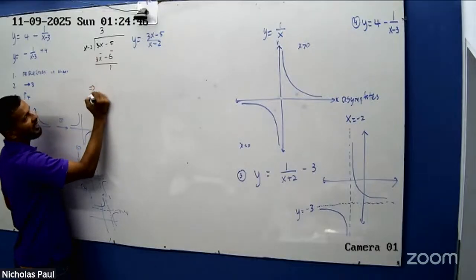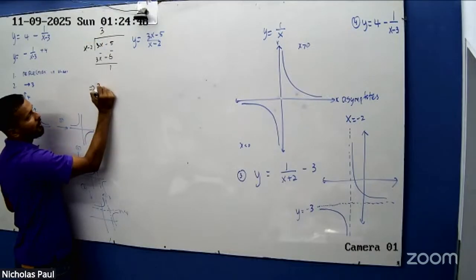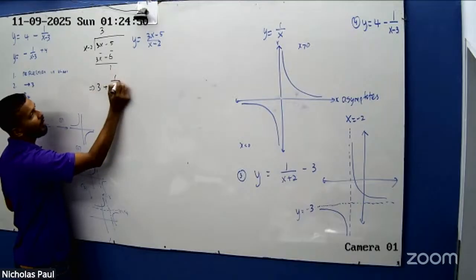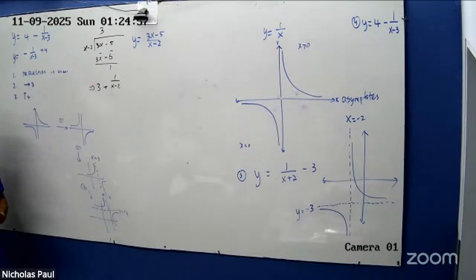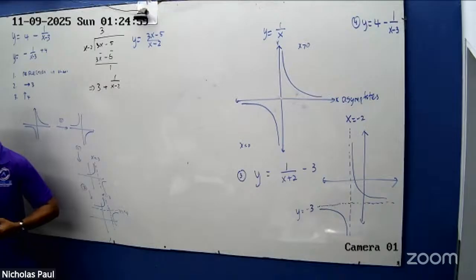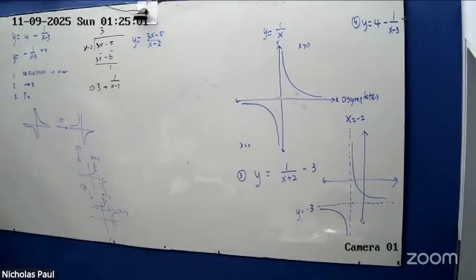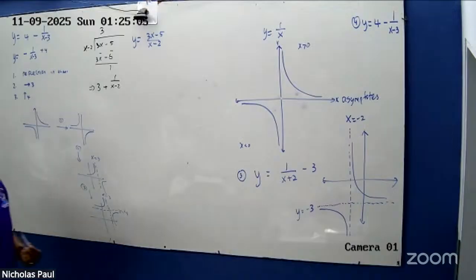So your final answer is 3 plus 1 over x minus 2. That's all, and you're done. Catch it now?